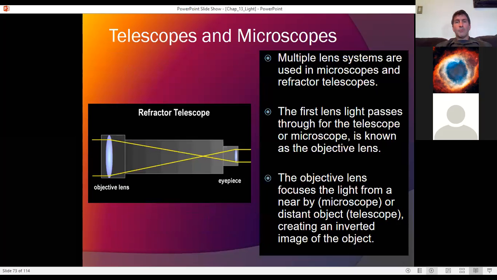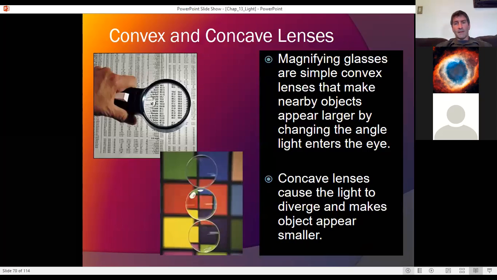Okay, and refracting telescopes and microscopes can use both types of lenses, but usually use mostly convex lenses to produce an image. Now, the reason why we use more than one lens is that with just a simple magnifier, we can only magnify to about 10 times, okay?